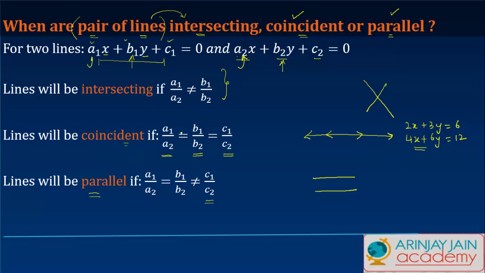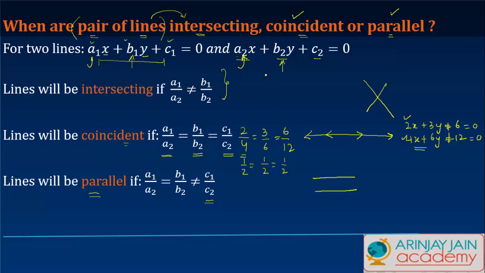In this case, a1 upon a2 will be 2 by 4, b1 upon b2 will be 3 upon 6, and c1 upon c2 will be 6 upon 12. If you notice, in all these three cases, 2 by 4 is 1 by 2, 3 by 6 is 1 by 2, and 6 by 12 is 1 by 2. In other words, a1 upon a2 is equal to b1 upon b2 is equal to c1 upon c2.